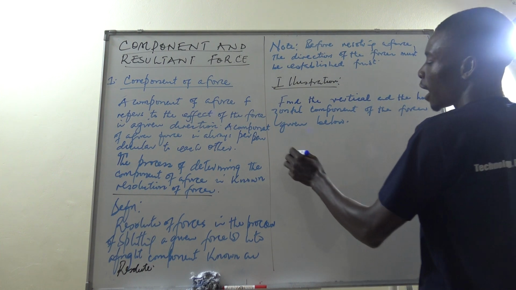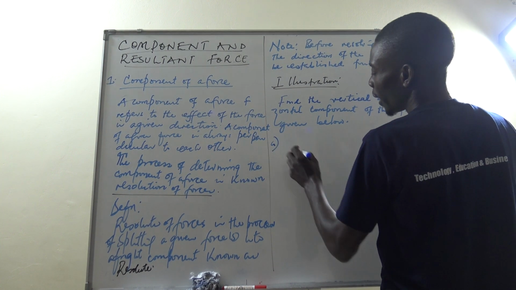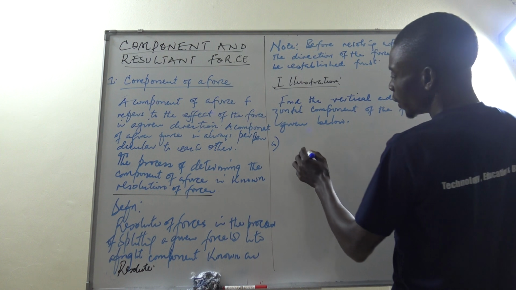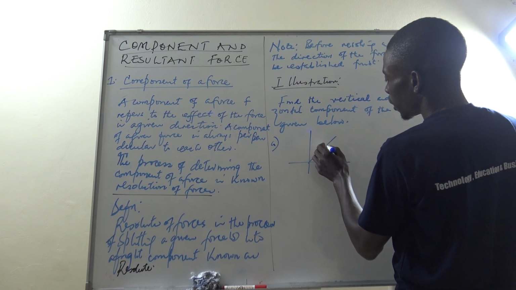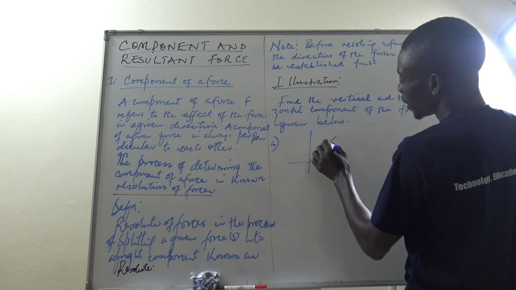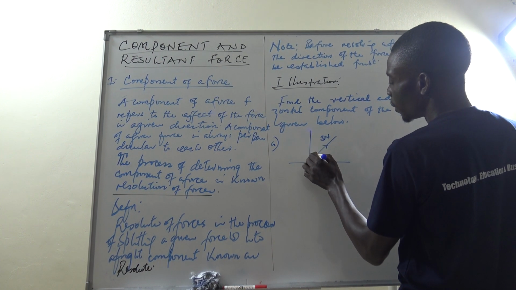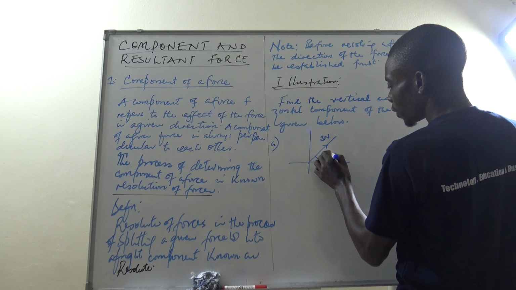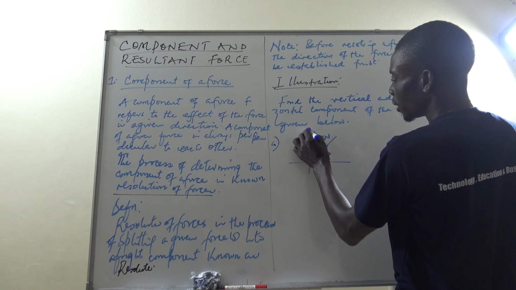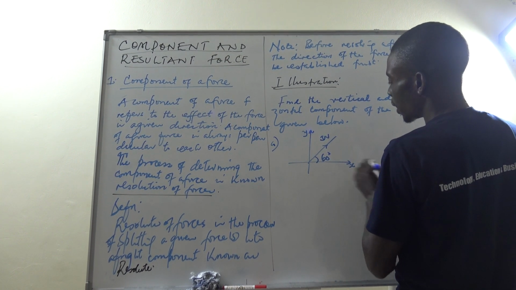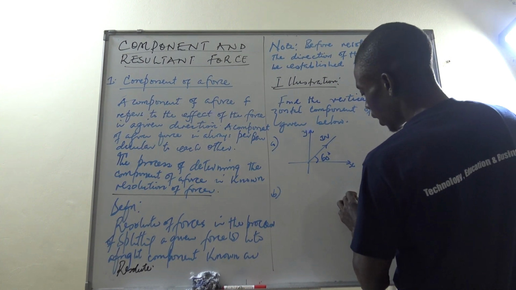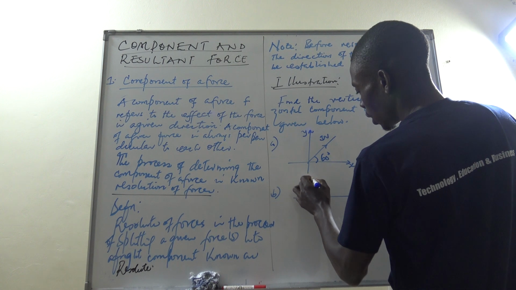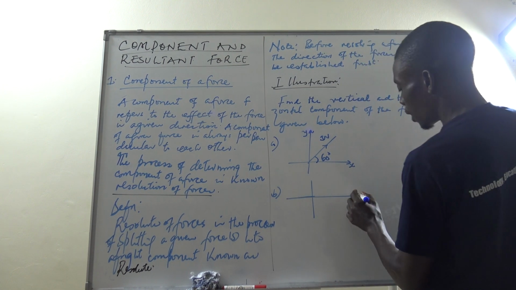So for part A, if they tell you that you have a force like this, and I can say this is maybe 3 newtons at an angle of 60, and this is Y, you establish that as X. And then part B, I can bring almost a related idea to that.